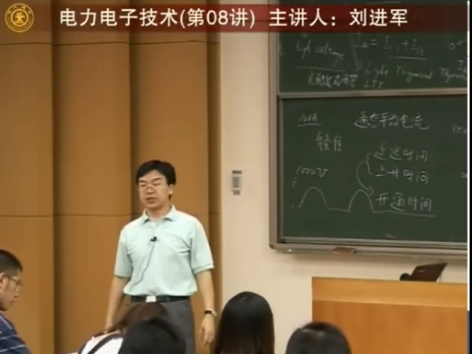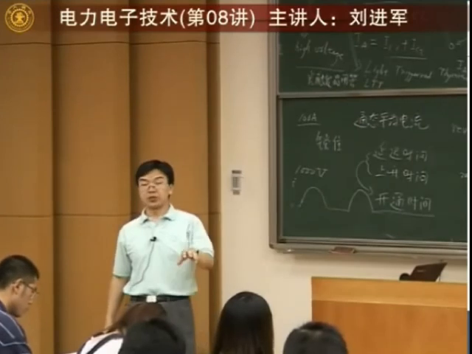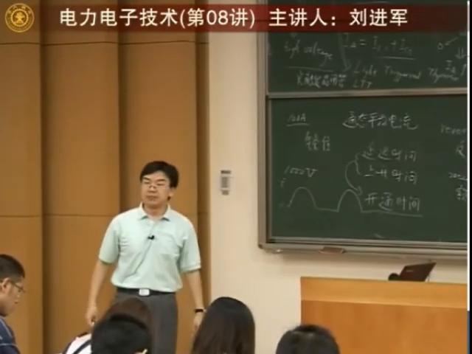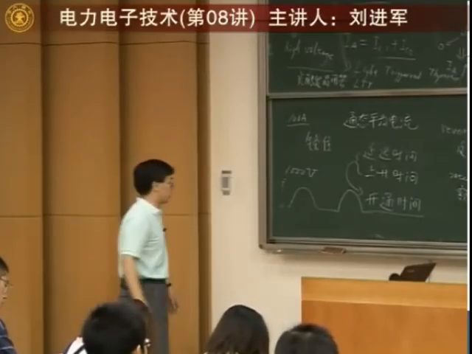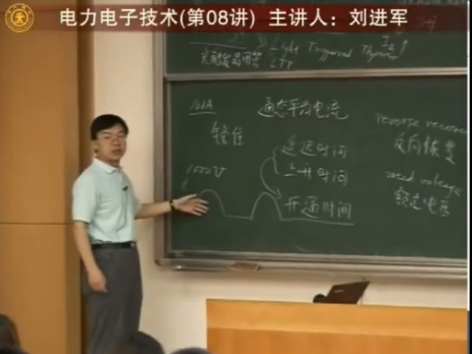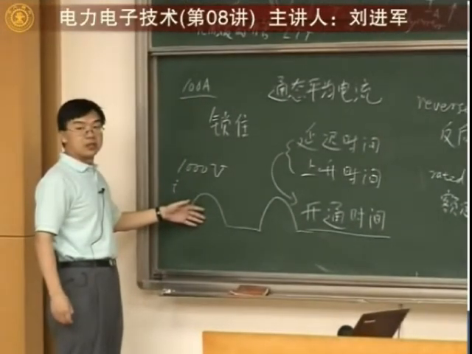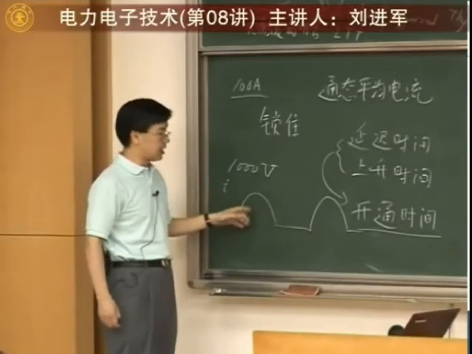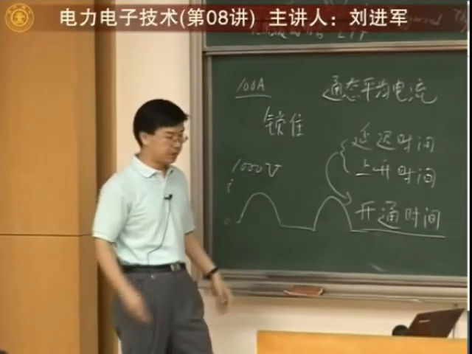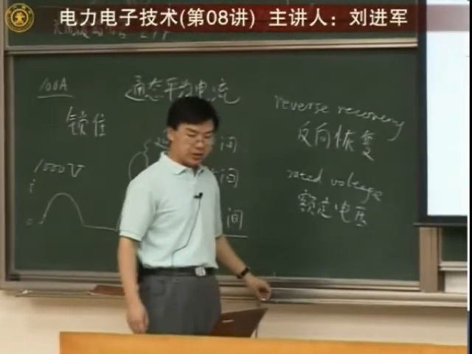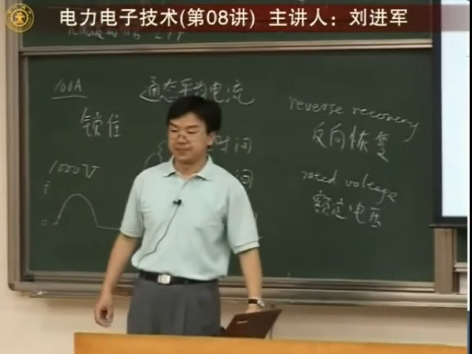There is a very special definition about this one. So pay attention to this. The maximum average value of the current that a thyristor can sustain when this current is a half sine wave waveform is called average on-state current.